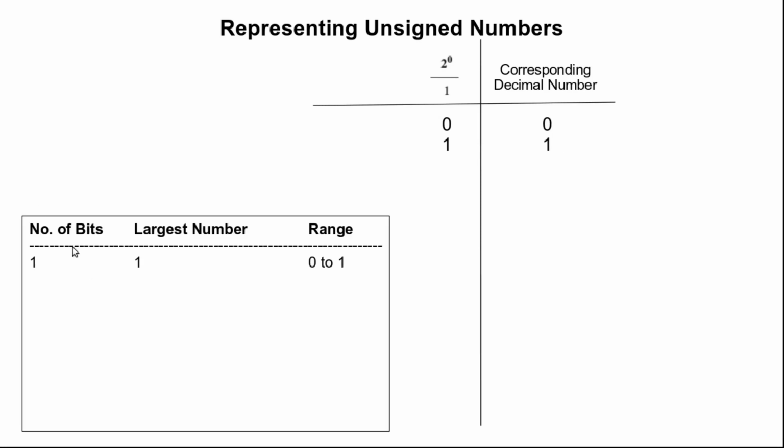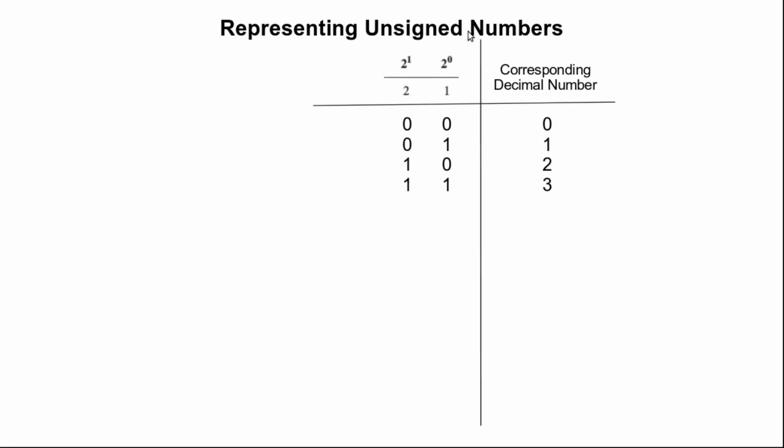So we can say that when we use only one bit, the largest number we can represent is 1, and the range of numbers we can represent is from 0 up to 1. And when we say number, we are talking about unsigned numbers here.